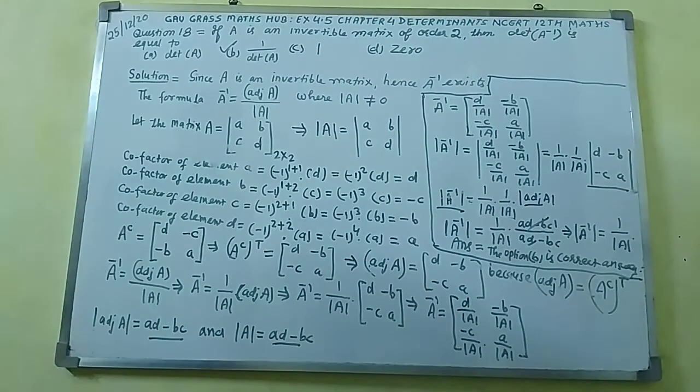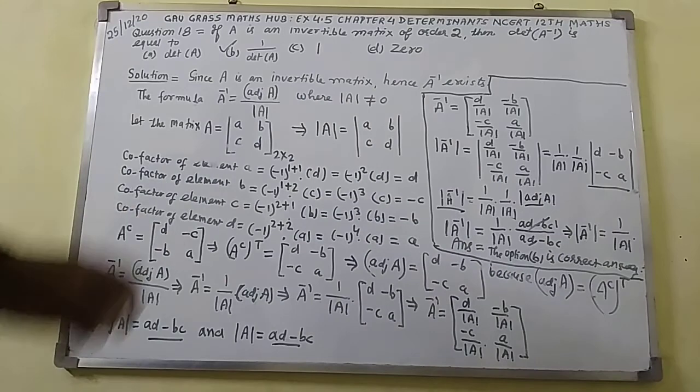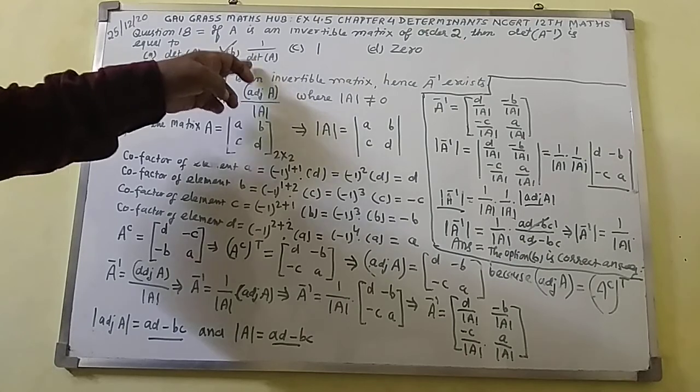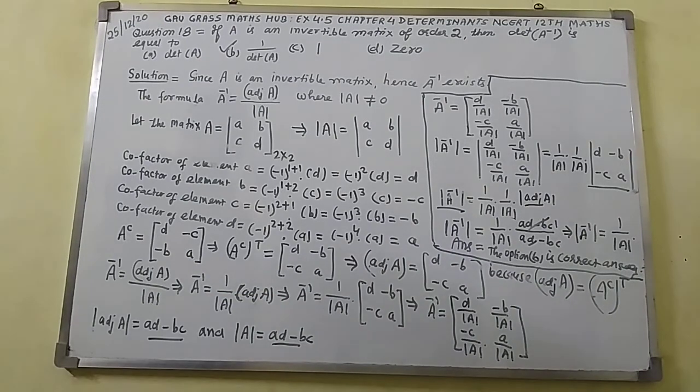Here I shall write answer: option B is the correct answer. Option B, 1 over det A, is the correct answer you have got here.